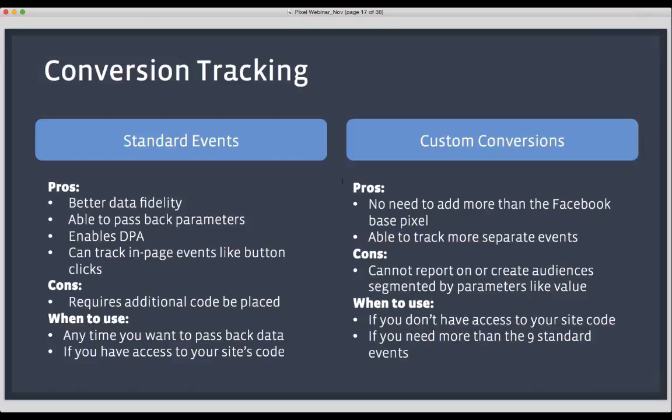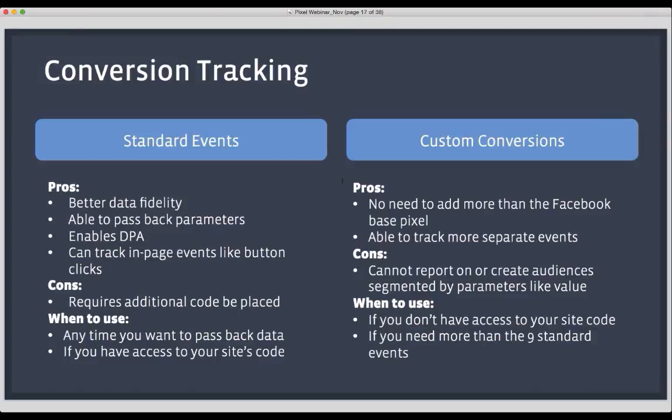So that's incredibly valuable to segment out what your audience is doing on your site. You're able to see what actions they are taking on your site. But what's even more valuable is being able to pass back a little bit of additional data. And that's something that standard events enable that our conversion pixel didn't enable. So you're able to pass back any of these parameters along with your standard events.